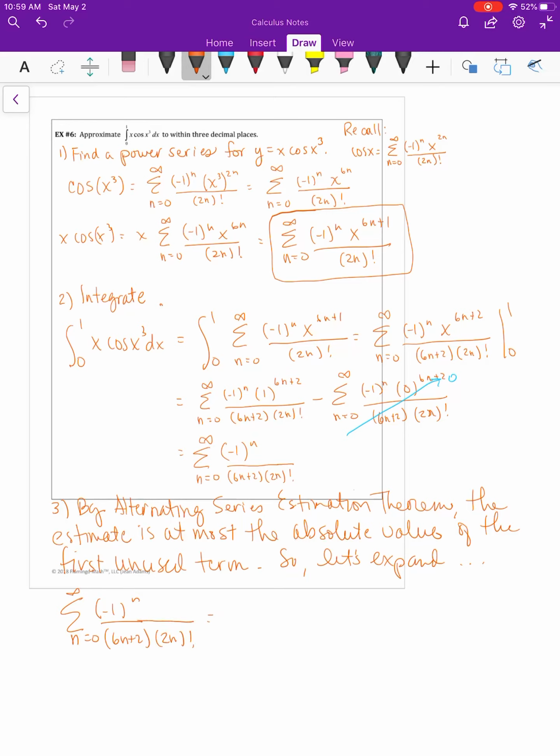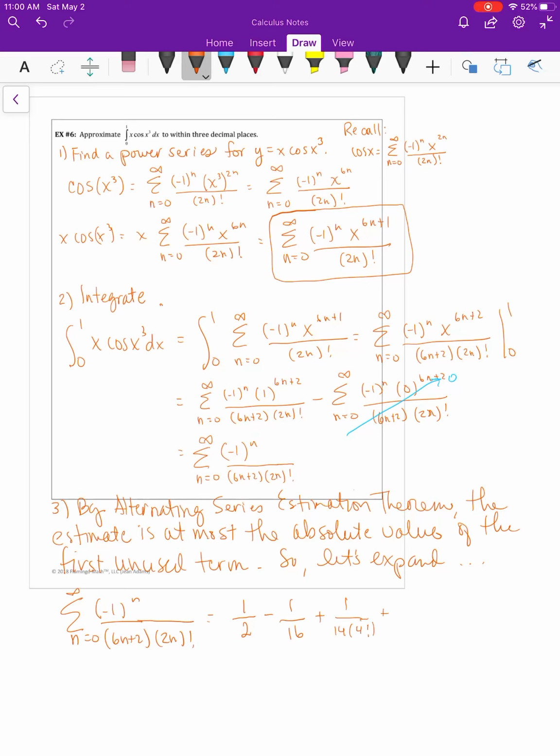And so we've got summation n equals 0 to infinity of (-1)^n over (6n plus 2) times (2n) factorial. If I put a 0 in, I get positive 1 over 2, right? And then if I put a 1 in, I'm going to get a negative 1 on top, and this is going to give me 8 times 2, 16.